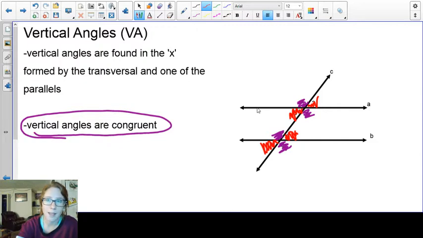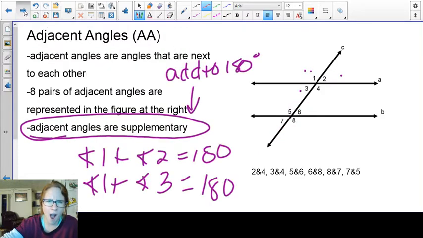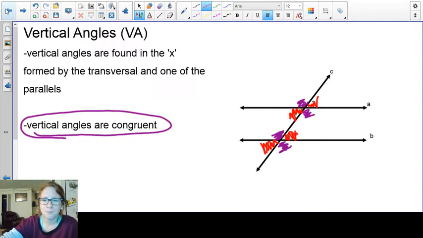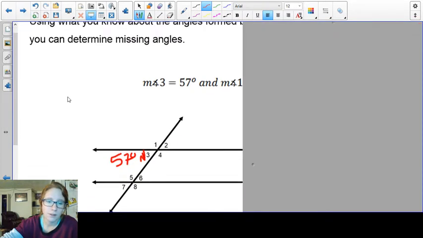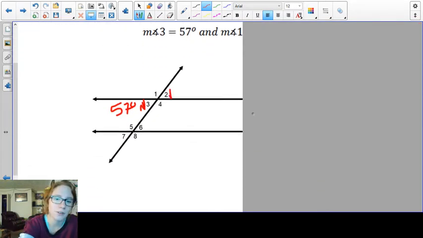So my angle 3, which they told me was 57, would have to be in all of the pieces that are also red. So that means angle 2 is 57 degrees. Angle 6 is 57 degrees. And angle 7 is 57 degrees.